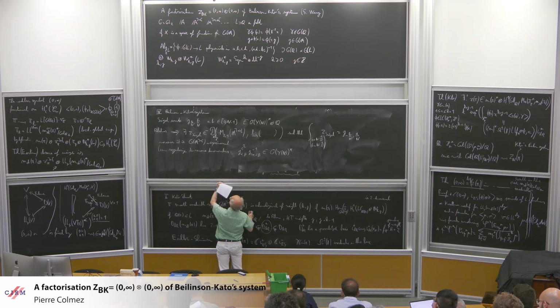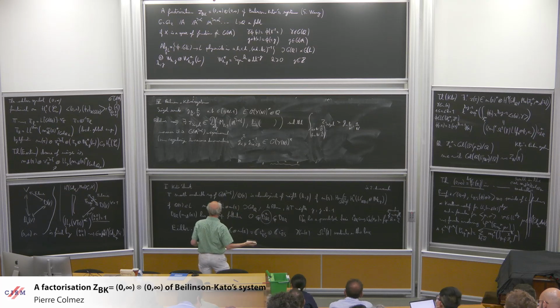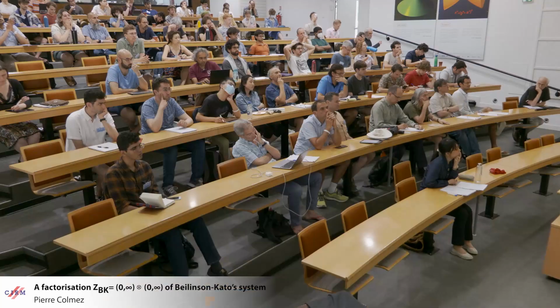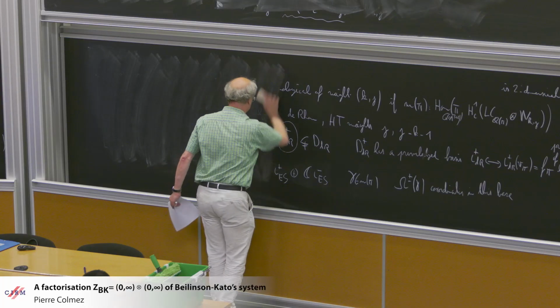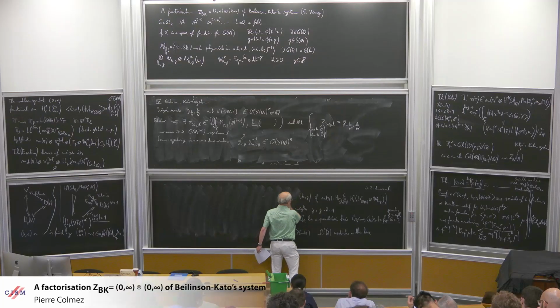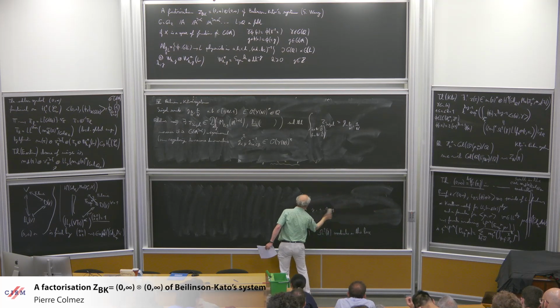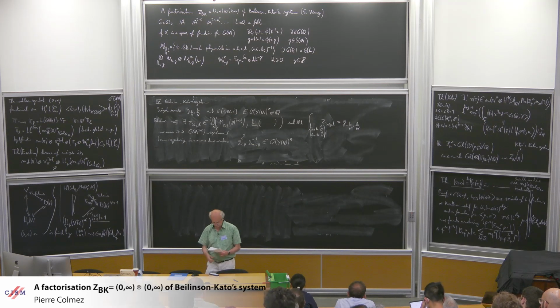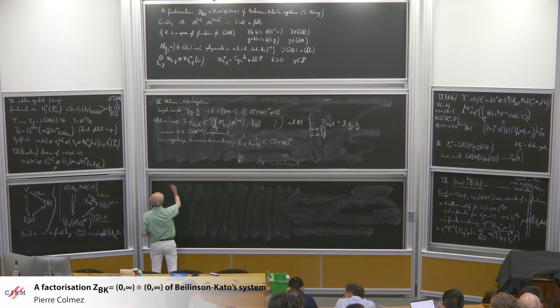And then to construct this Beilinson-Kato system, what you do is the following. Let me define a group.